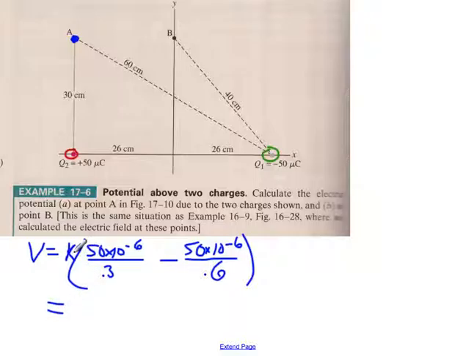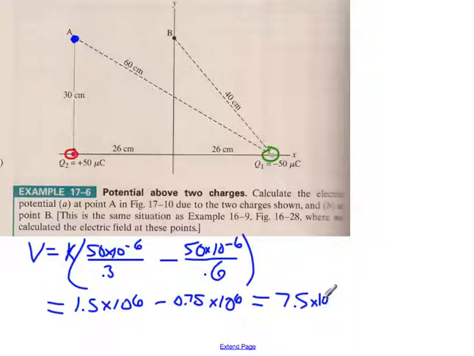So we plug in K, which is 9 times 10 to the 9th, if you remember, and do those computations, and I think you get 1.5 million volts for this guy, due to the positive charge, and not quite as much is subtracted by that negative charge, about 750,000 volts when you plug that into your calculator. So you get 7.5 times 10 to the 5th volts.